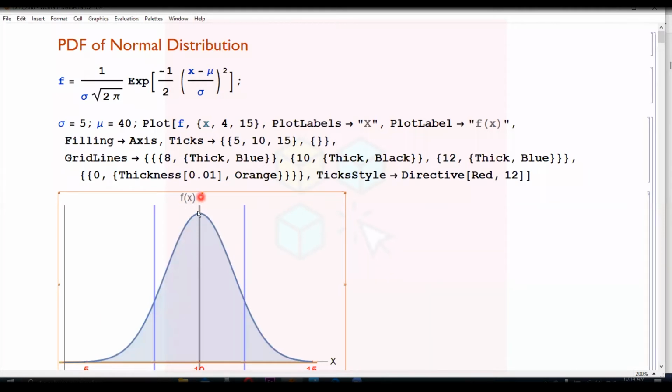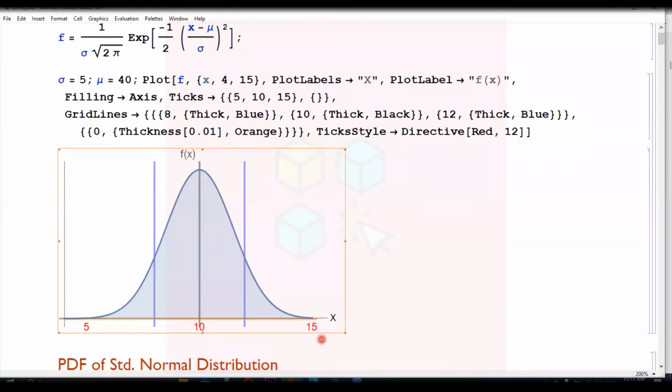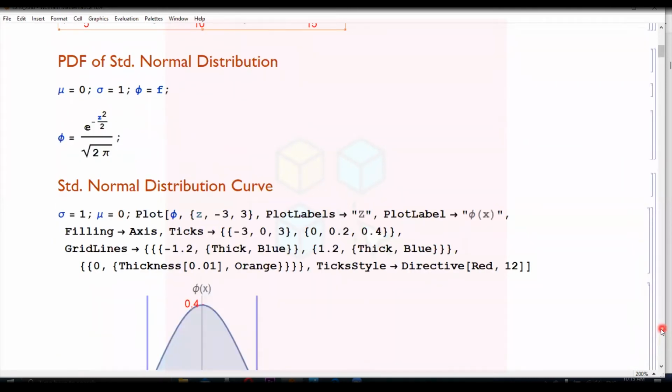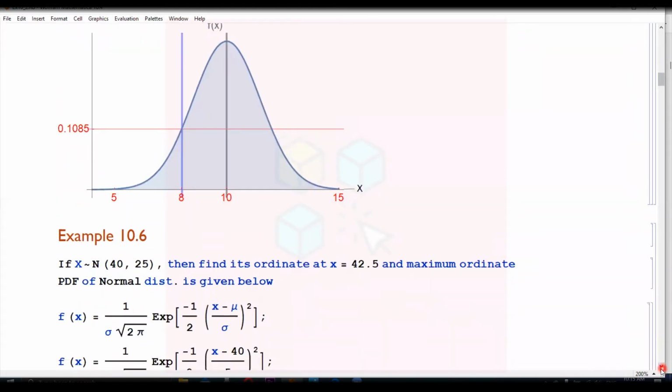It means it's a normal distribution curve. The range for this figure is minus 15 to 15, and the center is at 10. In this case mu is 10, but in our question mu is 24. So we will start this question from here.